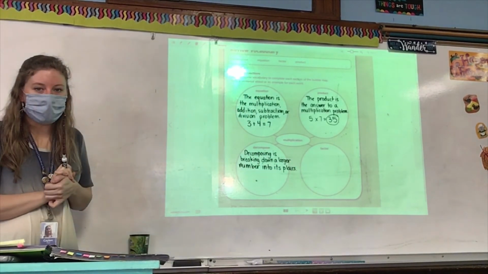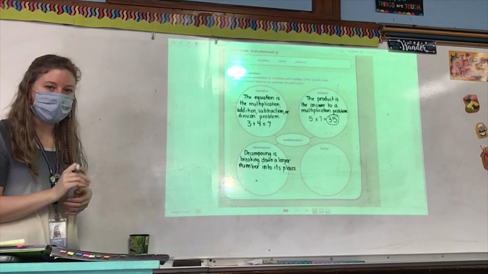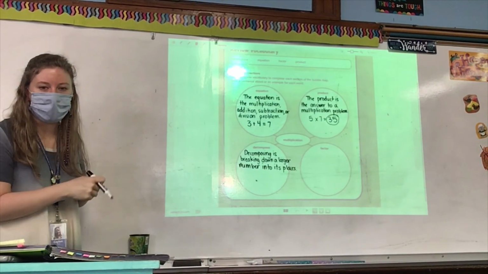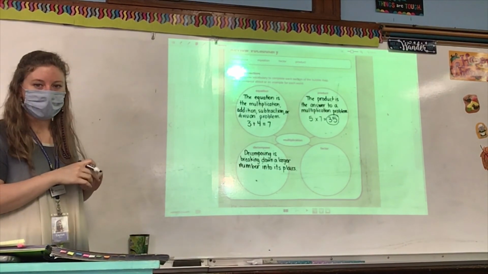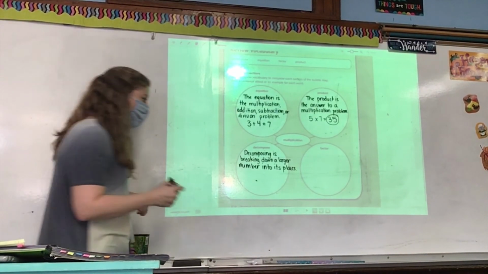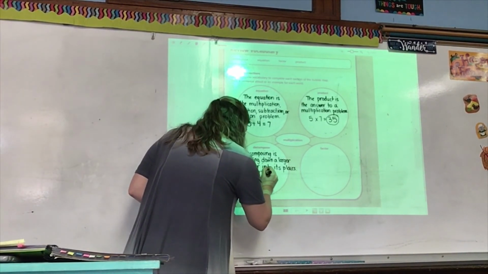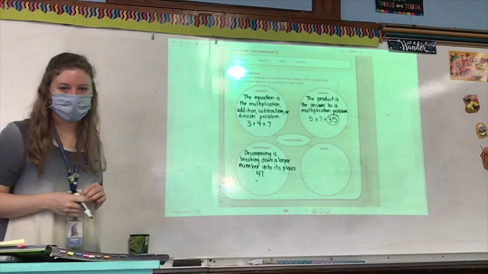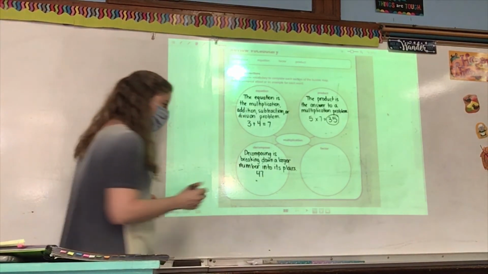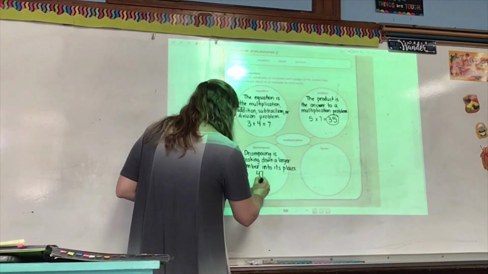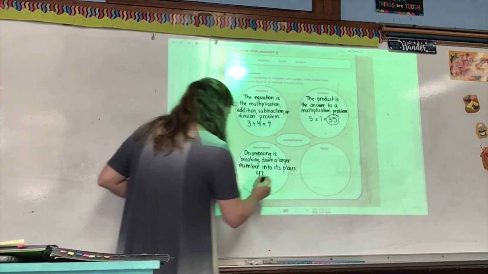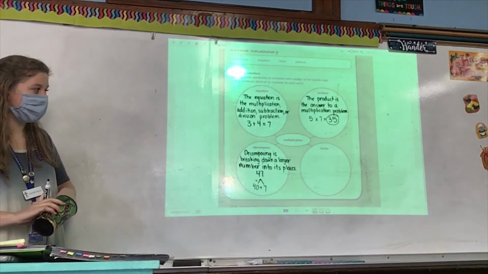So, Carla, can you give me an example of that happening? Give me a larger number. 47. And now if we decompose that, what does that look like? 40 plus 7. So we have a sentence and we have an example.